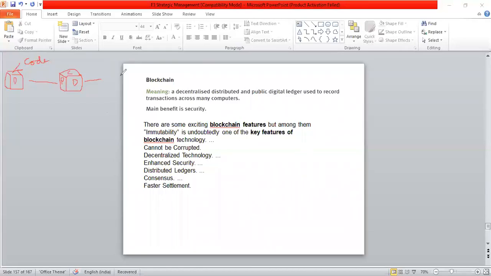So it says that a blockchain is a decentralized, distributed, and public digital ledger used to record transactions across many computers. Whatever data information is recorded and shared on the computers is safe. It cannot be altered by anyone.